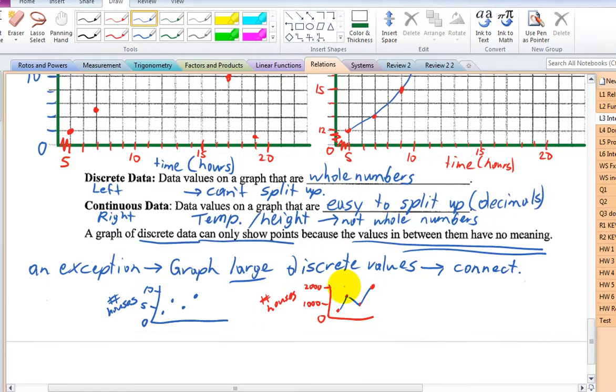That's because between 1,000 and 2,000, there are numbers in between: 1,001, 1,002, 1,003. So it makes sense to connect the dots. Whereas between 5 and 10, there are very few values, so I would not connect the dots in that graph. Okay? So you've got to be careful with continuous and discrete data.